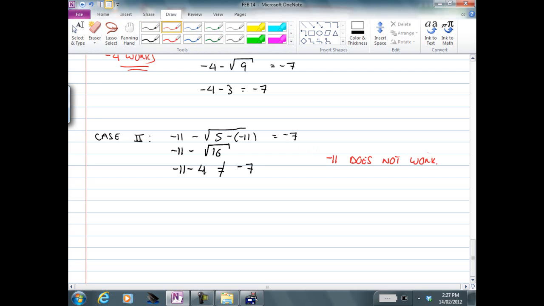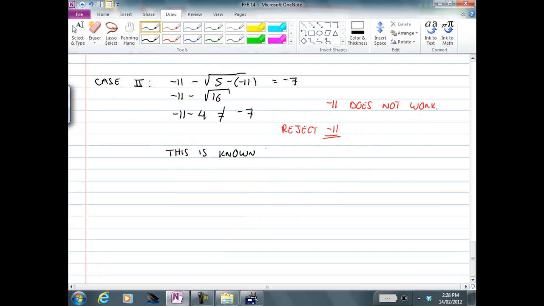So you're going to say reject negative 11. This is called an extraneous root. An extraneous root is an answer that does not work.